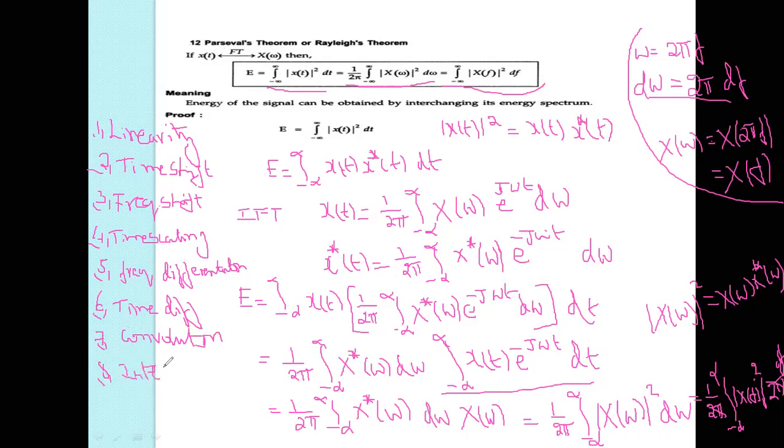And the ninth one, modulation property. And the tenth one, duality property. And the eleventh one, symmetry property. And the last, twelfth one is Parseval's theorem.